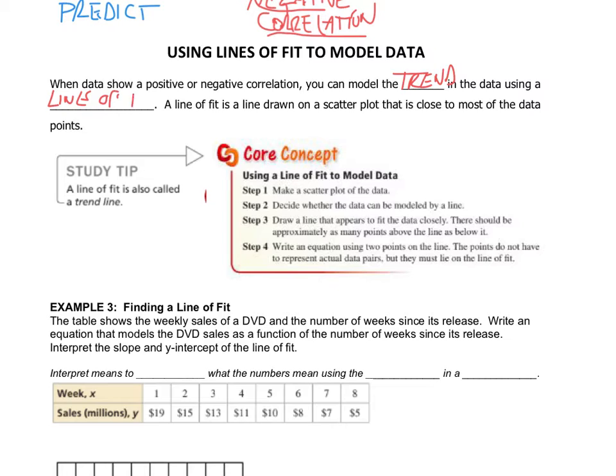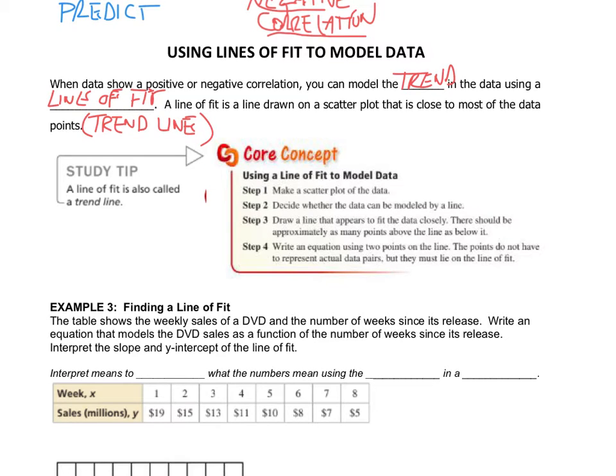I think the key words in there are line, because we know that a line is going to be a straight line, and then the word fit. The word fit means something that's going to give us the best representation of this. Sometimes you'll also call these trend lines, but I think most of the time we see the word line of fit.